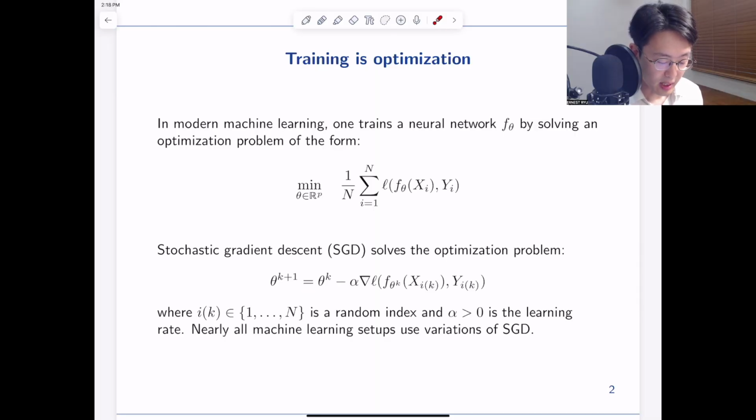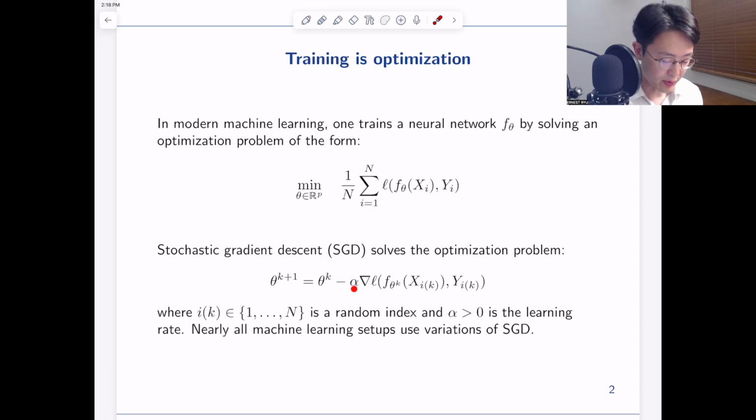We take a random data point. So our index ik is randomly chosen from 1 up to n. So think of it as selecting a random element within our data set. We take the x data point and its corresponding label. We evaluate the loss on that particular data, and then we move in a direction that reduces that loss.